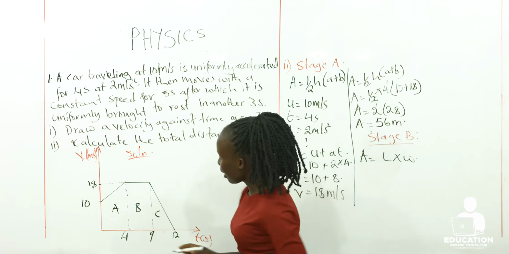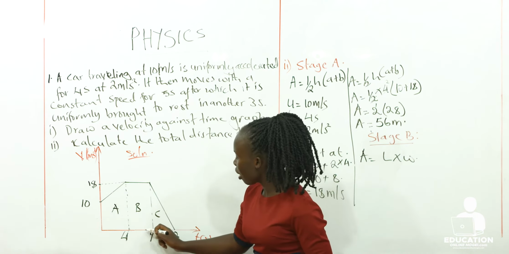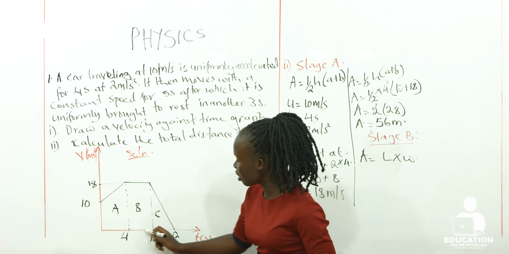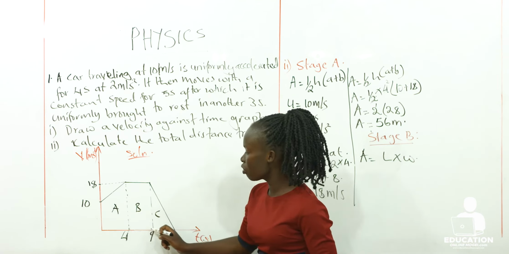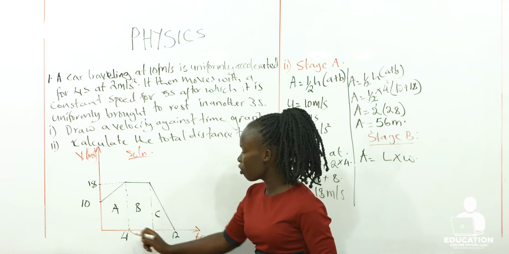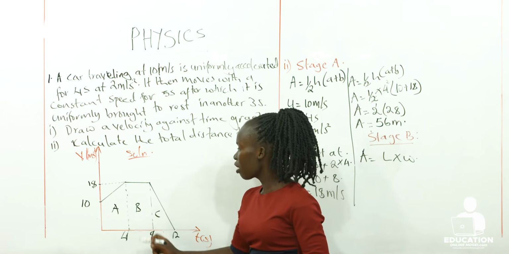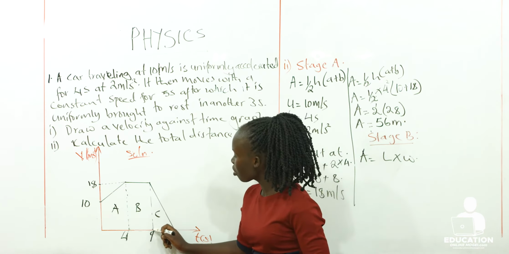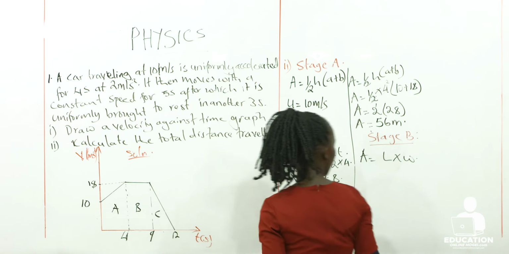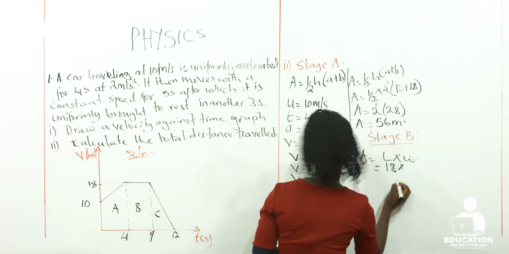So what is the length? This is our width, and the length is the long distance, and this short distance is the time interval for it to move with uniform velocity. So you'll get 9 minus 4, which will give you 5. So here our width is 5, and then our length is from this point up to up, which is 18. So we shall have 18 times 5.